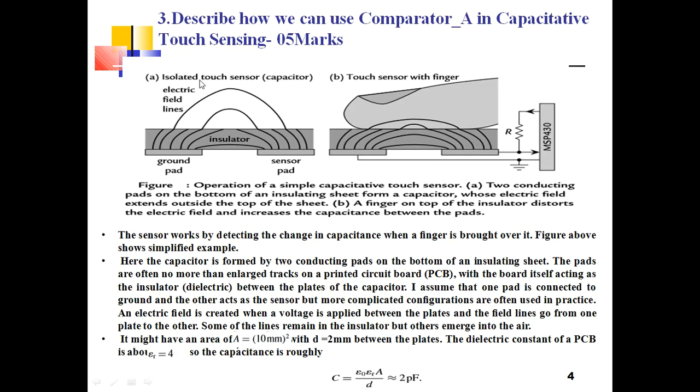Question number 3: describe how we can use comparator A in capacitive touch sensing. Here you can see how our comparator is going to work in a touch screen, if you press any touch screen using a finger. You can see in the figure, the first one, an isolated touch sensor using a capacitor, where electric field lines are generated between the insulator and the conductor.